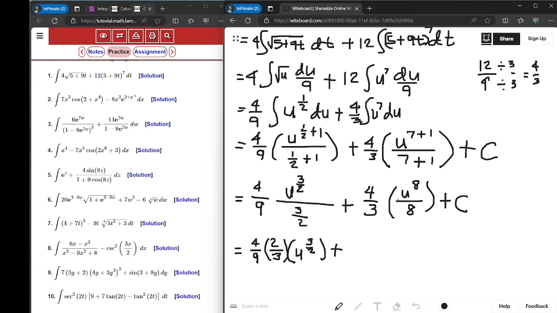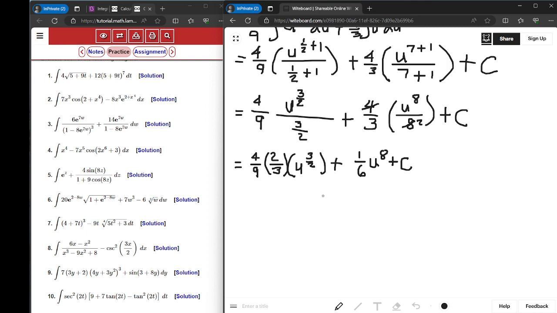Then we have plus, this is 2, so this is 1 over 6 times u to the 8 plus c. This is now 8 over 27 u to the 3 over 2, plus 1 over 6 u to the 8, plus c.